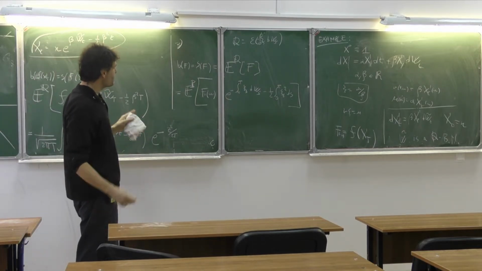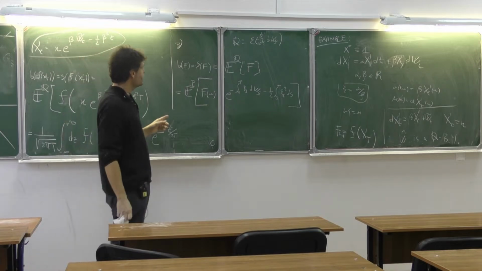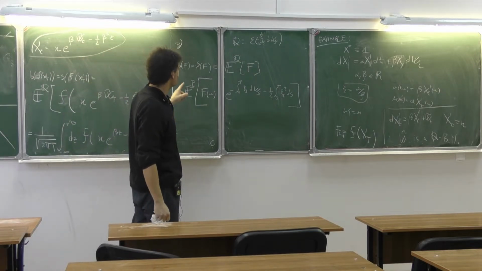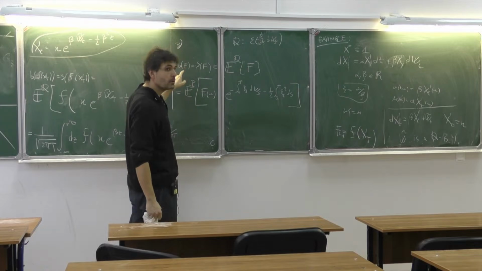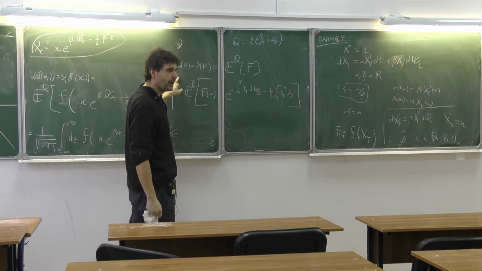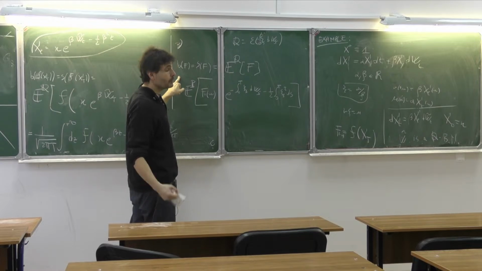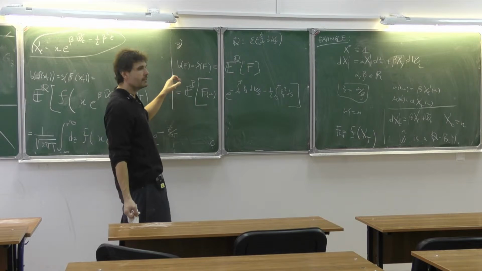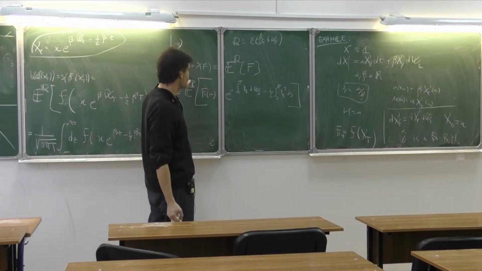I was a bit quick here, and probably I didn't stress enough that this is true because we can hedge the claim. To hedge is the same as to replicate. We can replicate F: there is an admissible replicating portfolio theta.